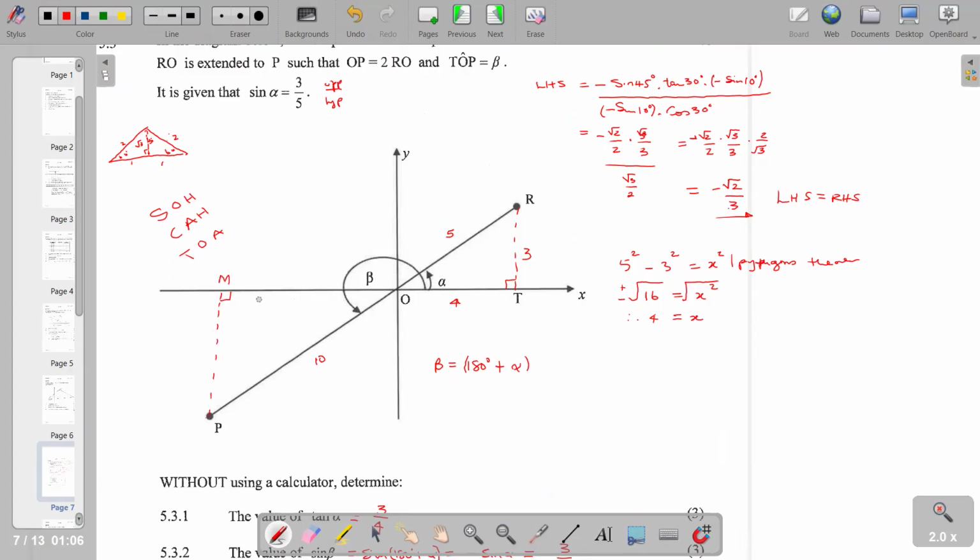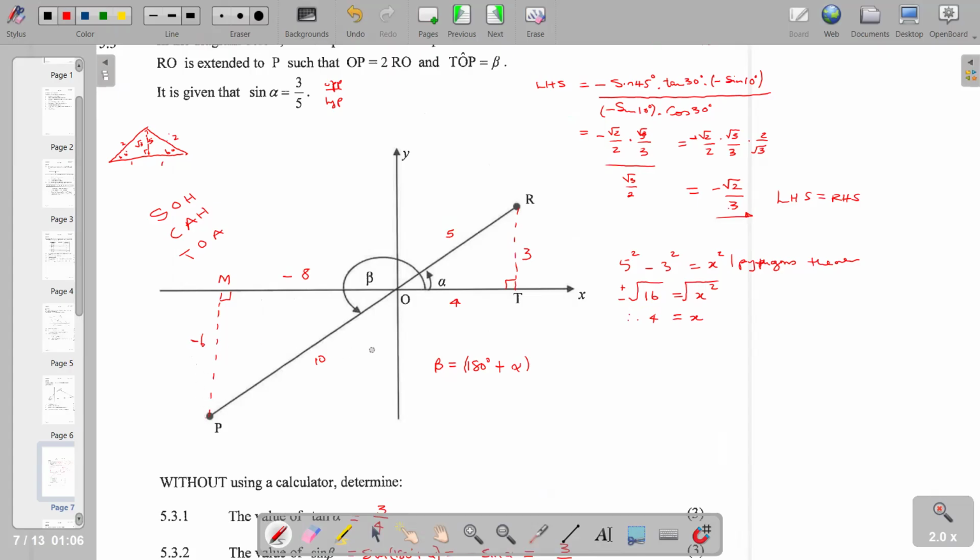OPM will be similar to triangle ORT. So since here we multiplied by 2, this can also be multiplied by 2 to end up having 6. Then this also multiplies by 2, ending up having 8. But because it's on this other side, it's going to be negative. And this one, because it's on this other side, it's going to be negative.